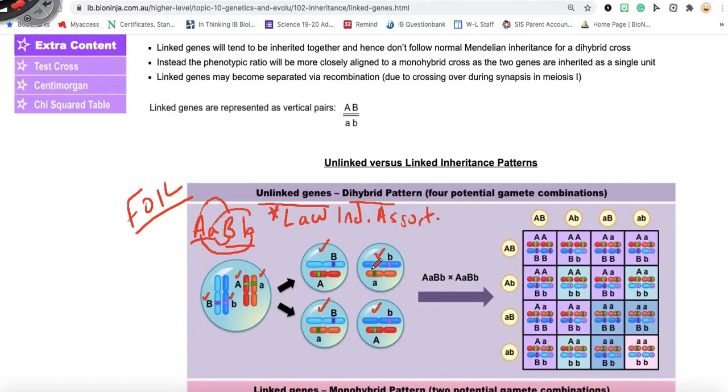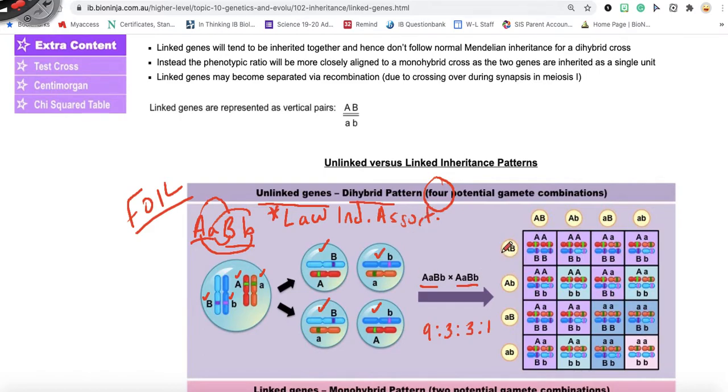So in Mendel's dihybrid pattern, you saw four potential gametes, which if you then took this heterozygous genotype and crossed it with another heterozygous genotype, you would always get the 9 to 3 to 3 to 1 phenotypic ratio, right?